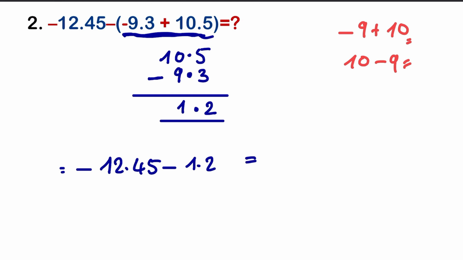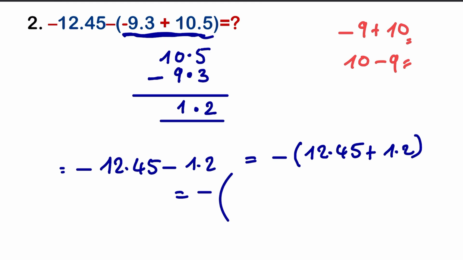Here we are going to factorize the minus, so we are going to have 12.45 plus 1.2. If we continue, don't forget our minus. Then we add 12.45. Make sure the decimal is on the same line.